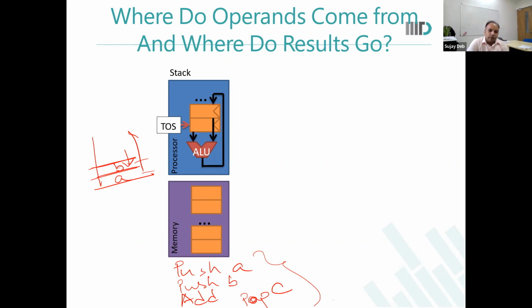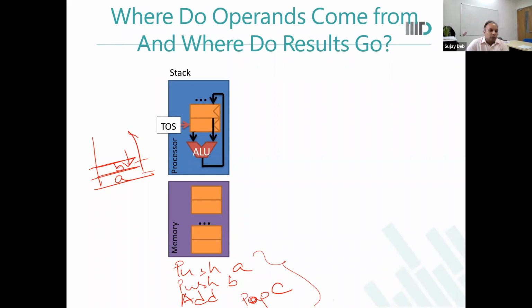So this looks very nice, and it's very simple also. If you really want to design a very simple processor, this can be one machine model which can be followed. But the disadvantage is that every time you have to do some arithmetic operation, you have to first push the operands at the top of the stack and then do this operation.